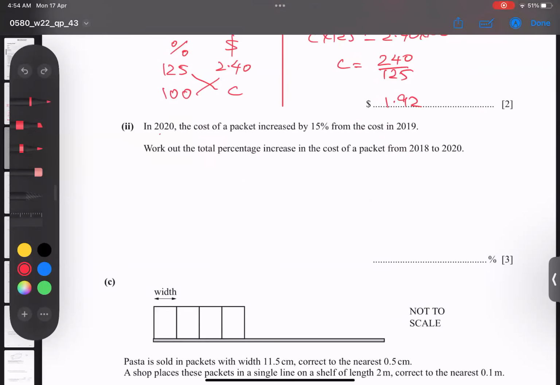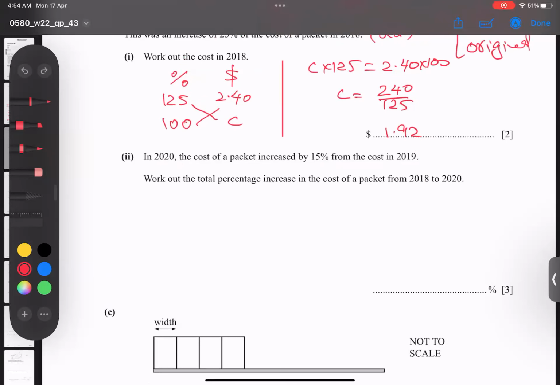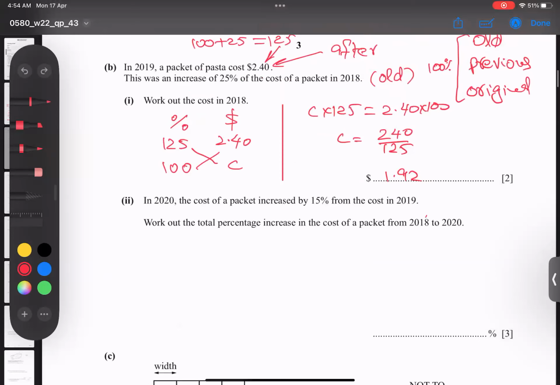In 2020, the cost of a packet increased by 15%. Repeat, the cost of a packet increased by 15% in 2020 from the cost of 2019. Okay, and work out the total percentage increase in the cost of a packet from 18 to 20. Very interesting. So we are comparing 2018 to 20.